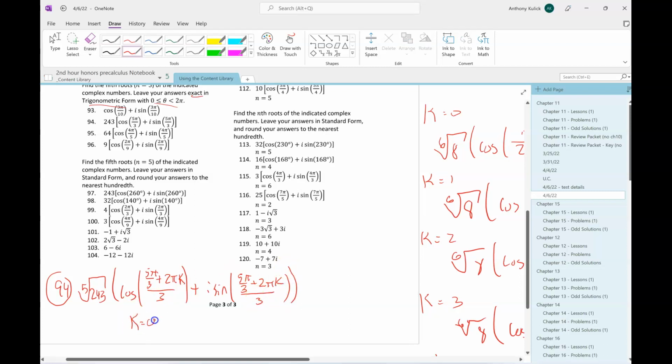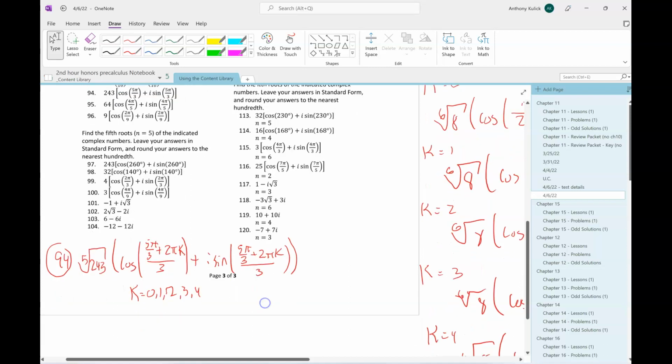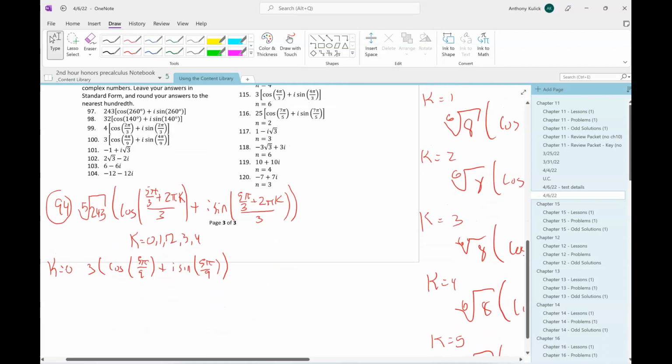Where our k is 0, 1, 2, 3, and 4. So for k equals 0, I have 3 cosine of 5 pi over 9 plus i sine 5 pi over 9. Cool.